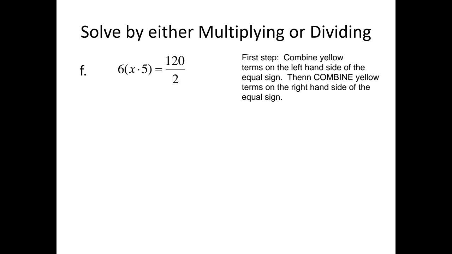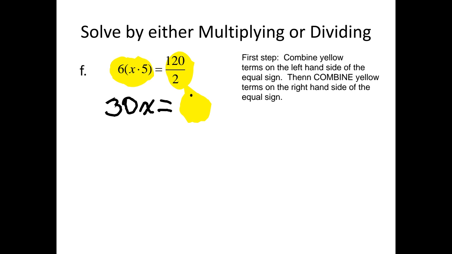This is not the distributive property. This is going to give us 30x. You are multiplying 6 times x times 5. No distribute. Now, on the right-hand side, the line in the middle means divide.